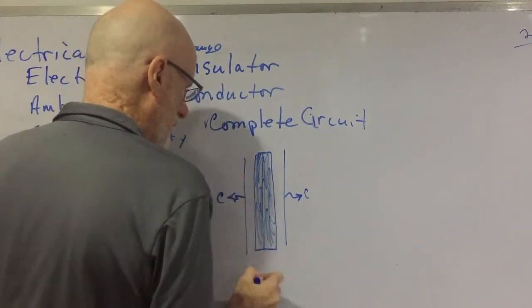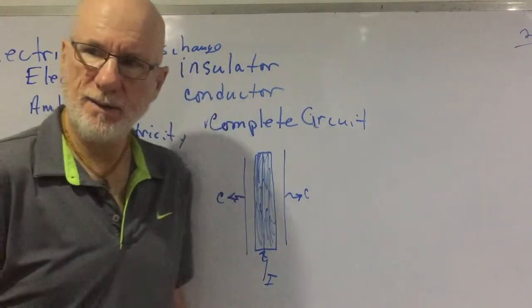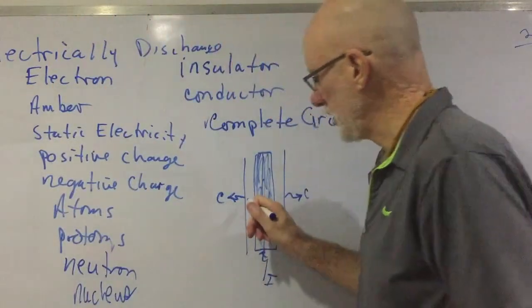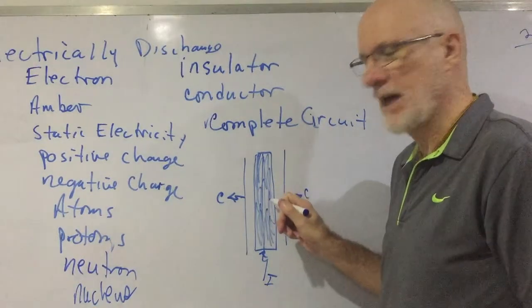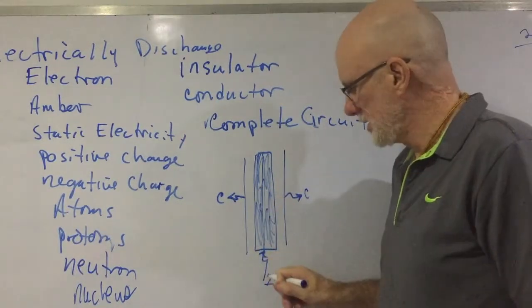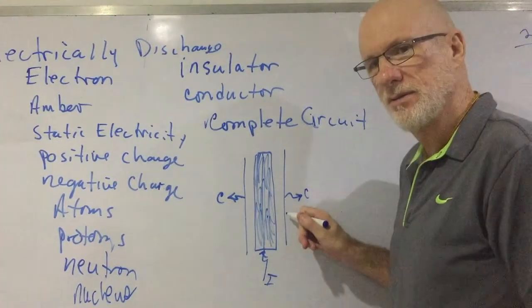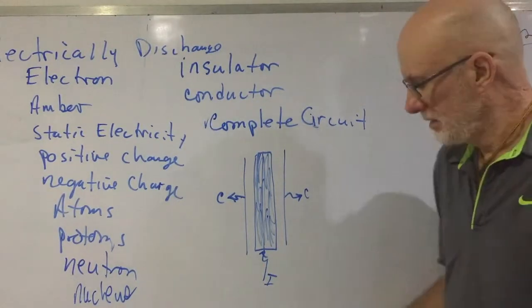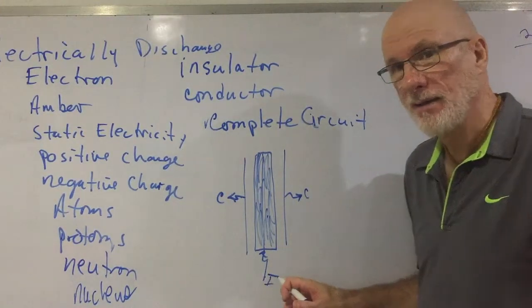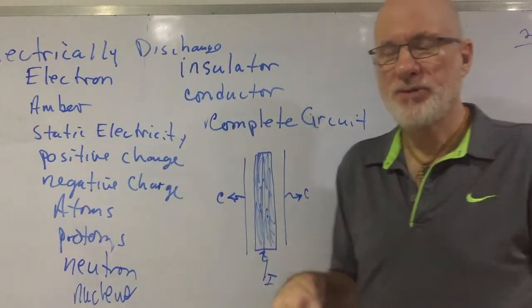And this is an insulator. Can electricity cross between the plates? This is a conductor, this is an insulator, and this is a conductor. Can electricity go across? No, it can't. Because electricity can't flow through an insulator.